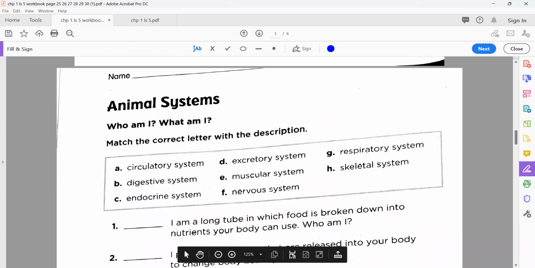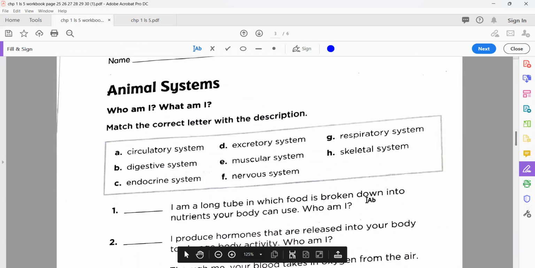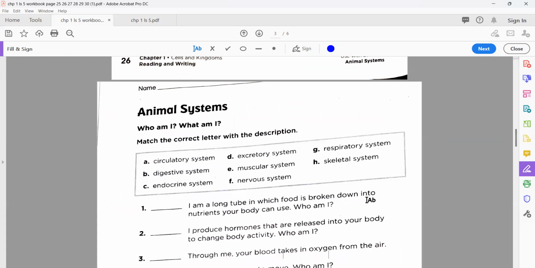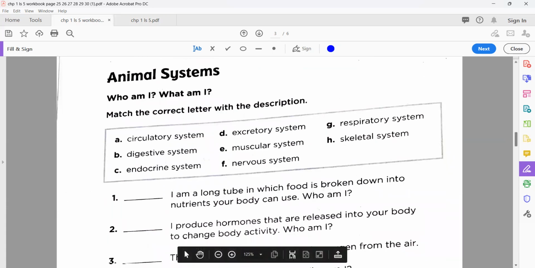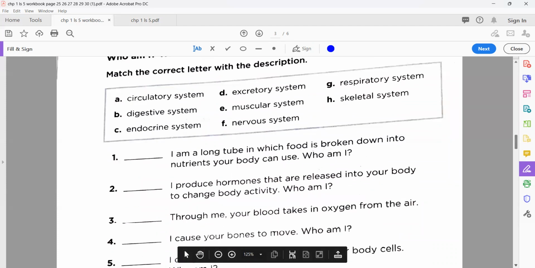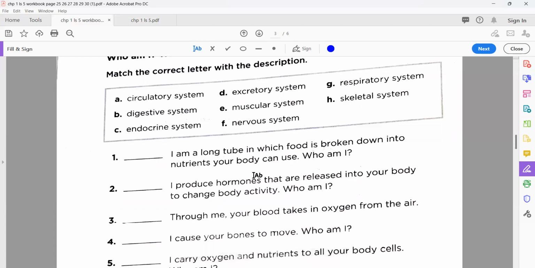Now we move next. It's almost very easy for you. You can easily find the options here, because we already learned all of them. Number 1: I am a long tube in which food is broken down into nutrients your body can use.